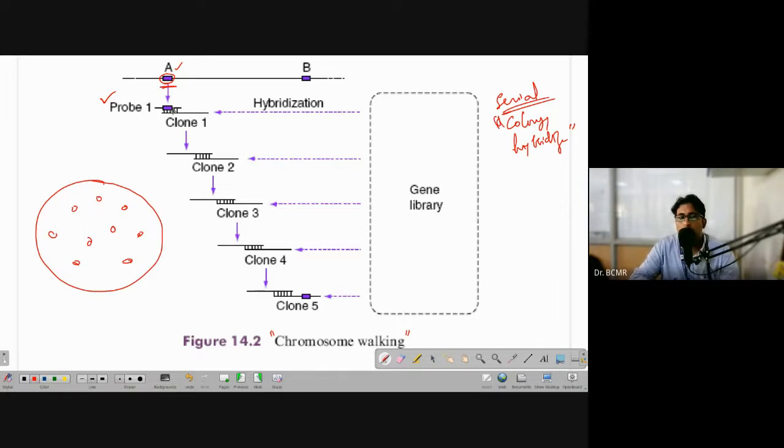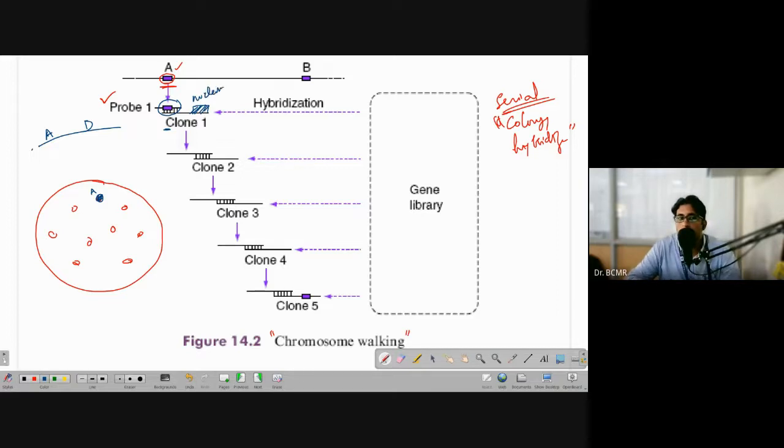I would use probe 1 to figure out whichever has it, assume that this is the one that has gene A. Gene A may be like this, and may also have something else. Say the probe is binding here in this clone, in the fragment. Now I can take that clone and figure out what is present on this side of the clone. I can figure out the nucleotide sequence.